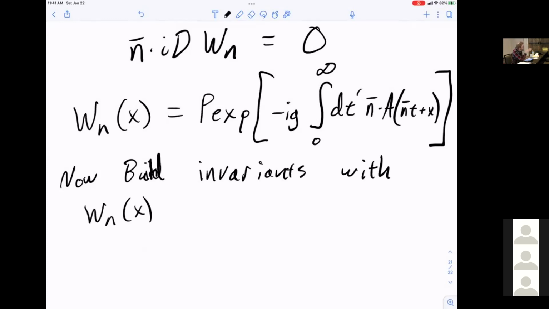Now, I haven't told you really where this Wn is coming from diagrammatically. I will in a moment. Right now, I'm just merely introducing it as being a particularly special operator because of my collinear power counting.